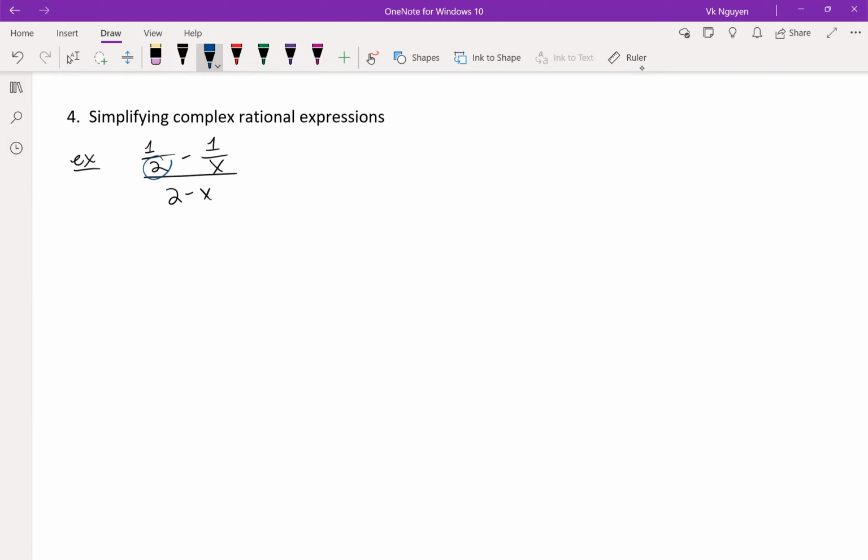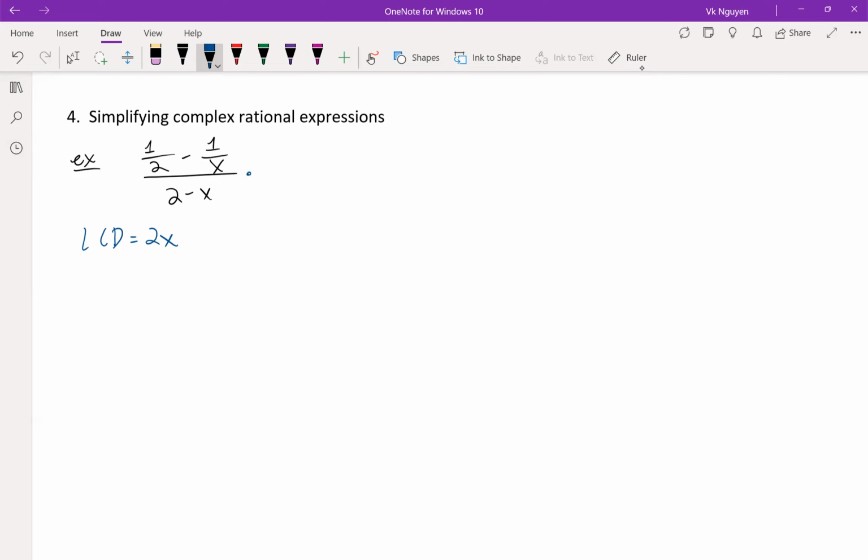If we look at the top, we have 2 and x. LCD here is 2x. When we multiply this complex rational expression by LCD, we will be able to get rid of the fraction on the top, and that is the goal of figuring out the LCD.